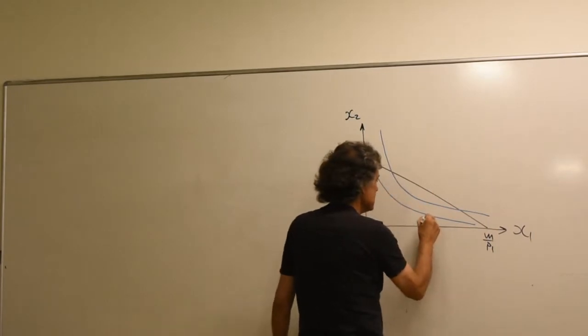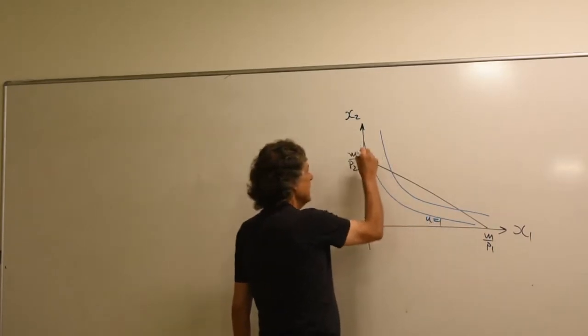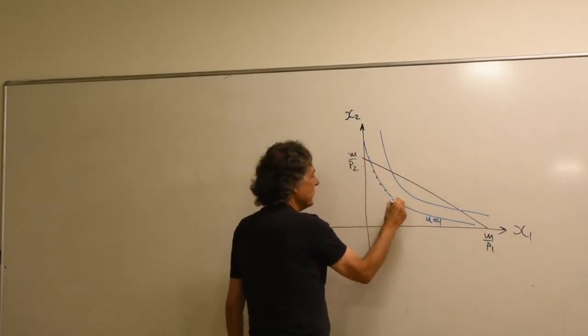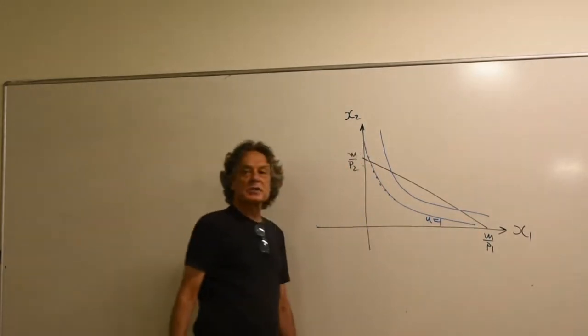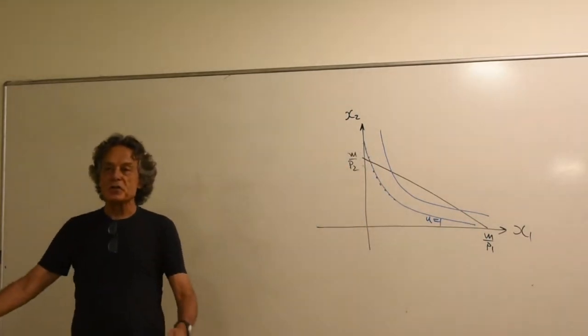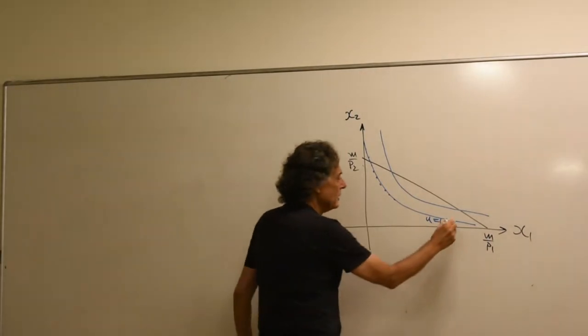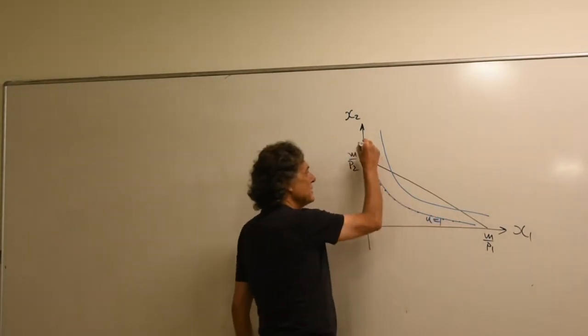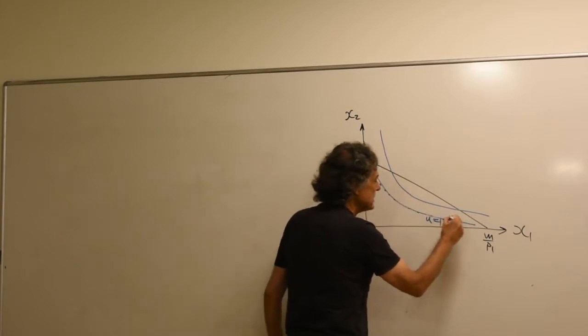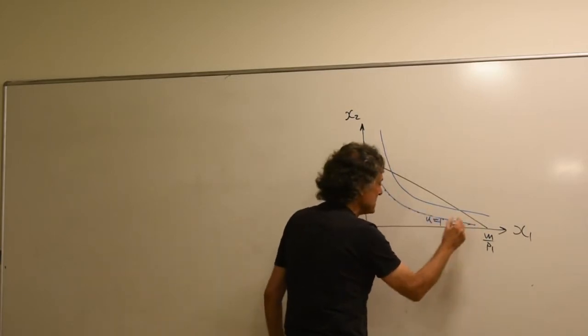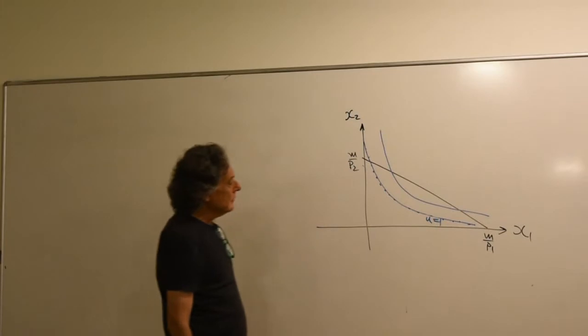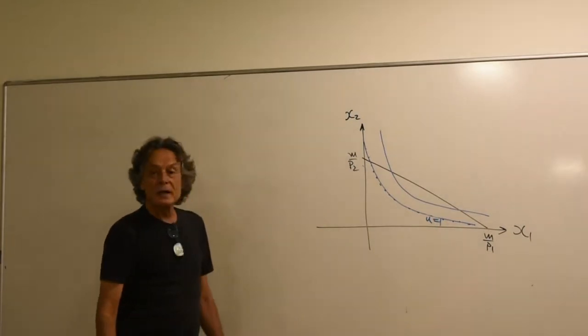So let's say that this is U equals 1. Namely, in every one of these bundles, he gets 1 unit of satisfaction. Utility is 1 in all of these bundles, namely he is completely indifferent between all these bundles, each one of them yielding a utility level of 1.